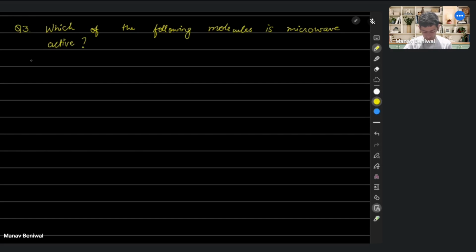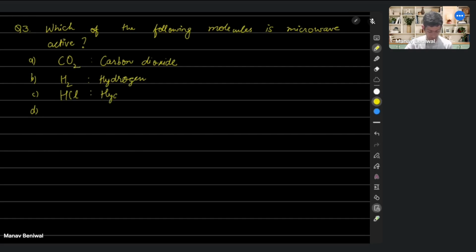The question asks which of the molecules given to us are microwave active, and the options are CO2, which is carbon dioxide, H2, which is hydrogen, HCl, which is hydrochloric acid, and Cl2, which is chlorine.